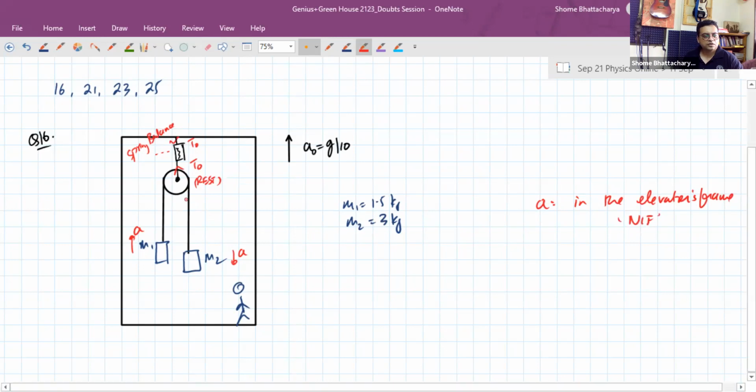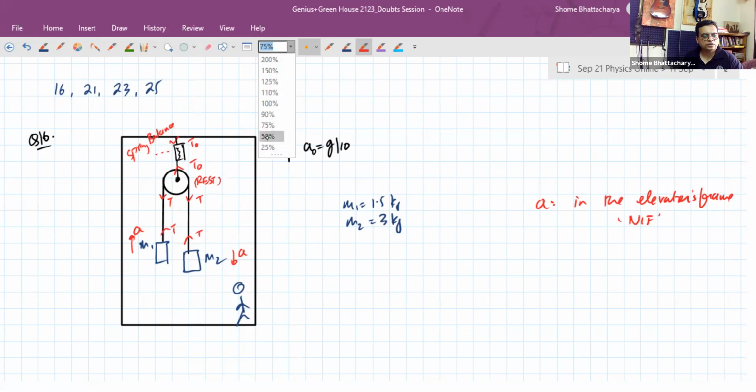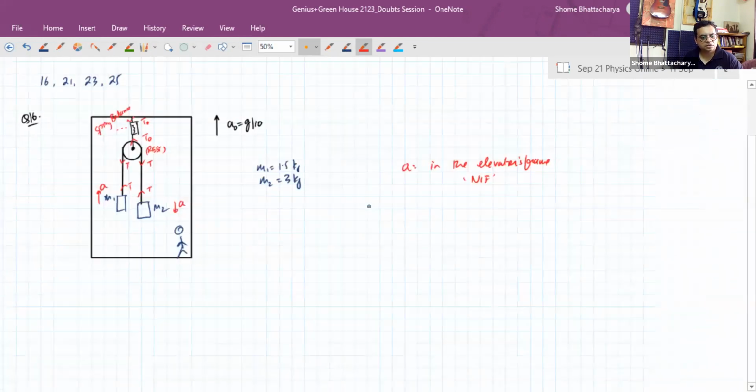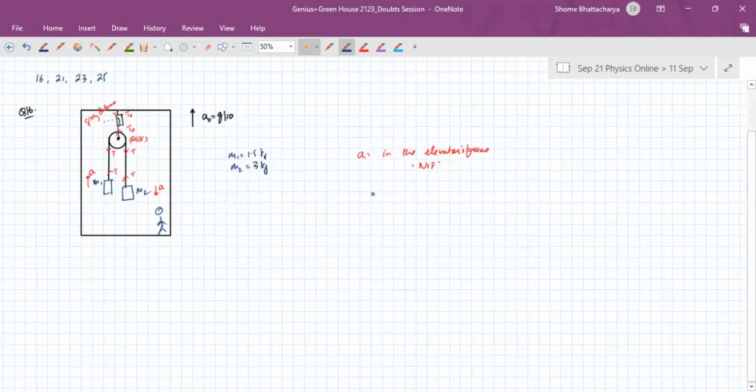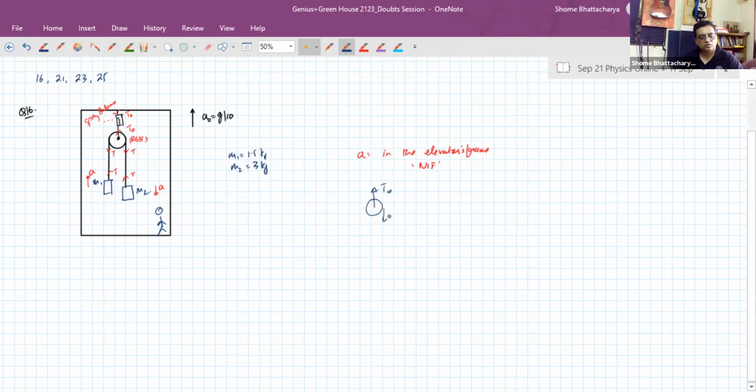Now if this tension is T, and we take this as a massless pulley, the reading of the spring balance, T naught, will be equal to 2T.